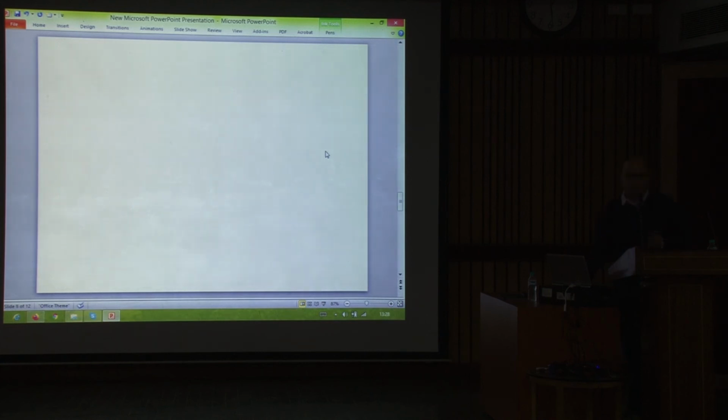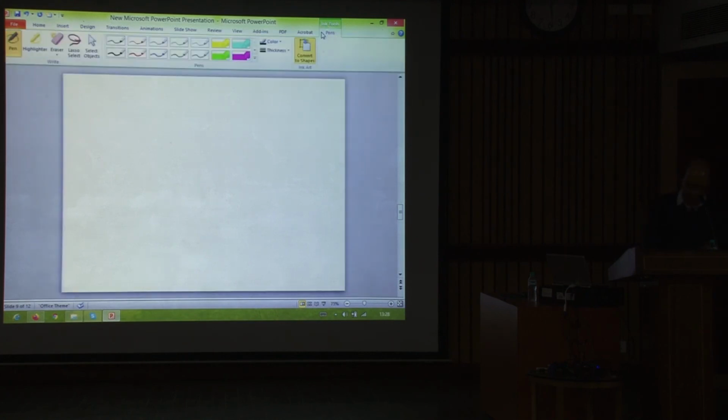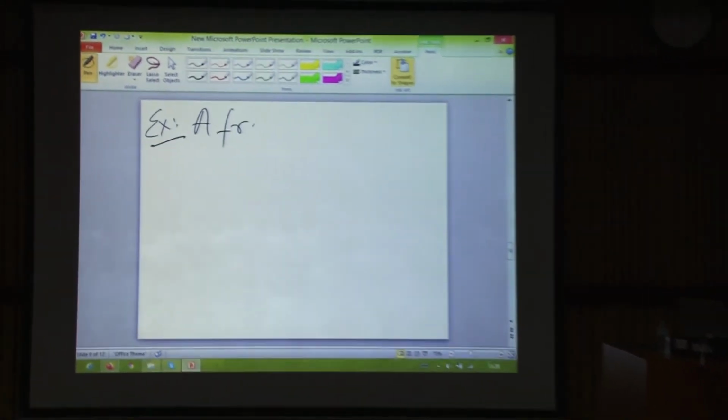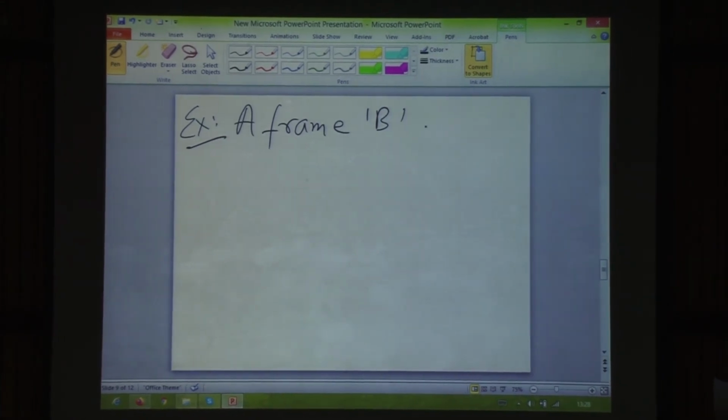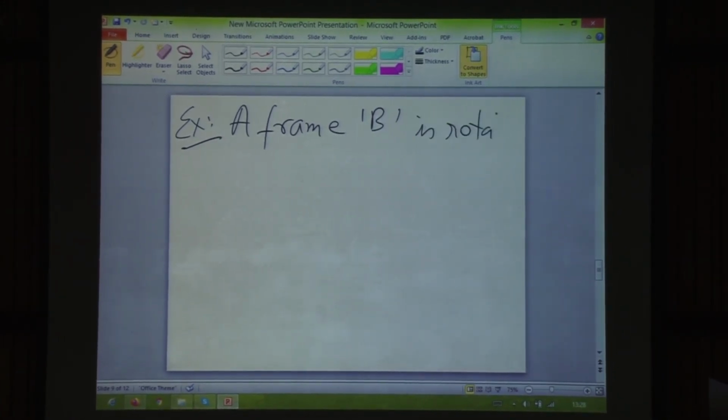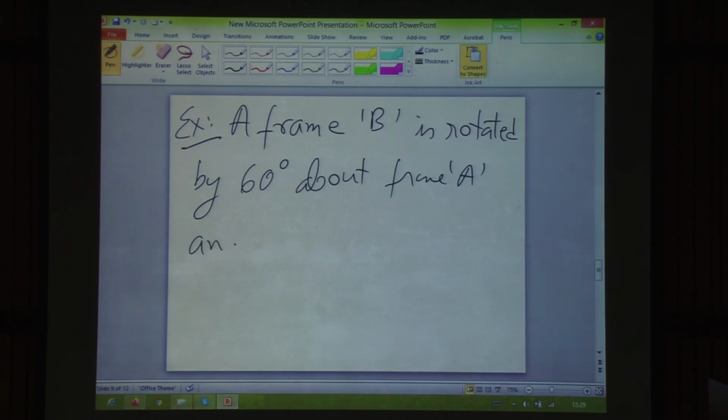Now, we'll just do one small problem before you break for lunch, just to clarify whatever we were talking about. Suppose we have a small example like this. We have 2 frames, frame A and frame B. Frame B is rotated by 60 degrees about frame A and translated by x, y, z units.